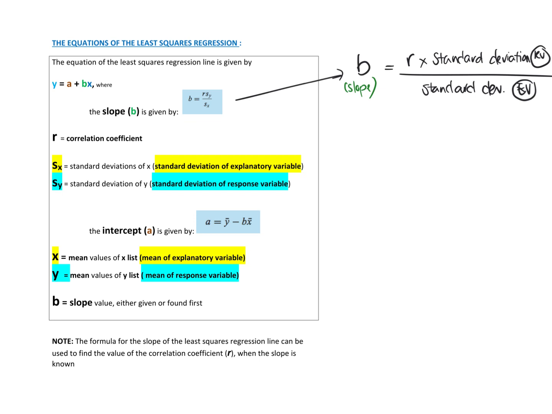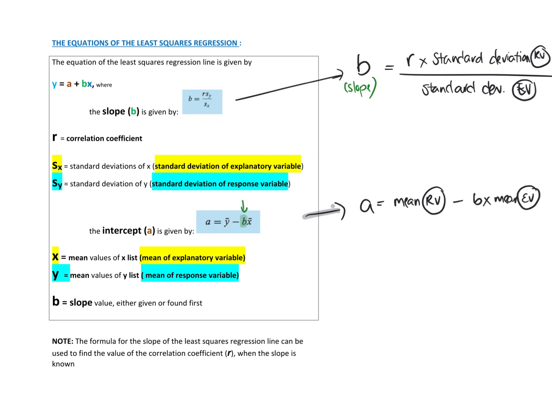Now we also have the A formula. You'll notice in the A formula, it has B in there. So you have to find B first if you're trying to find the whole equation. You'll need to know what B is before you can calculate A. If you really wanted to rewrite this formula, A would equal the mean of the response variable minus B times the mean of the explanatory variable, okay?